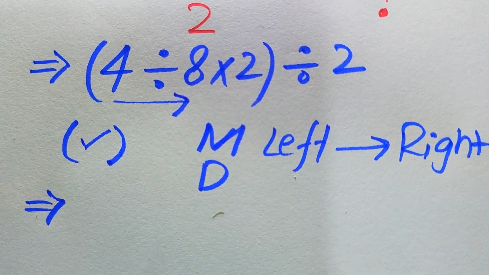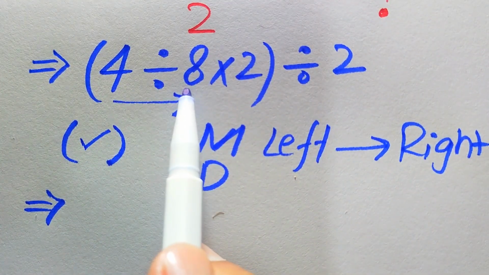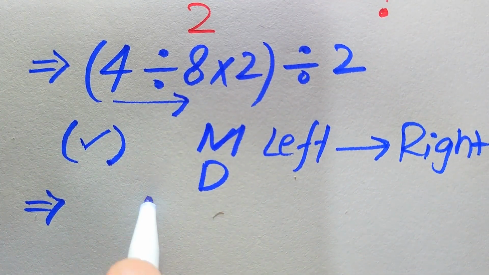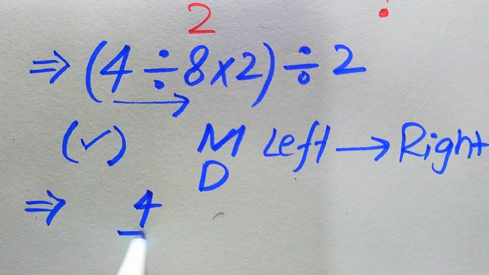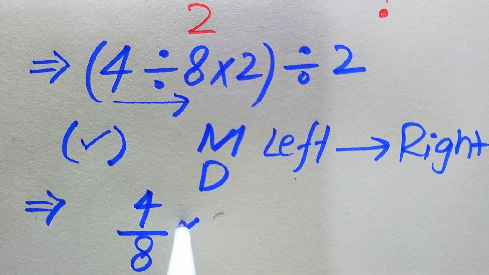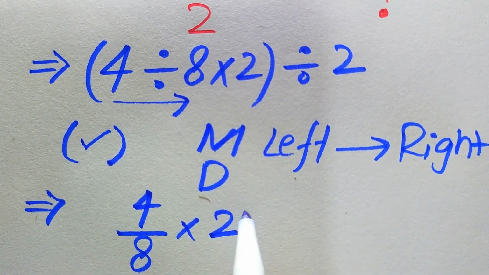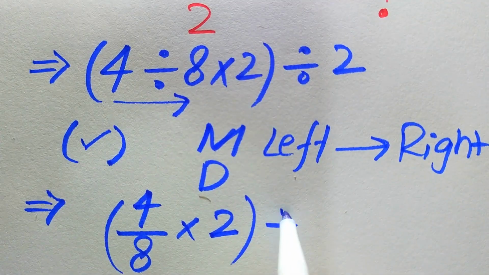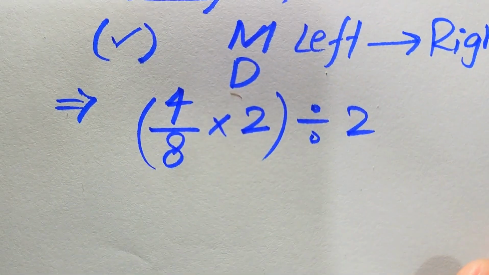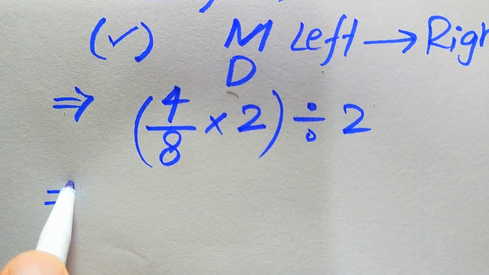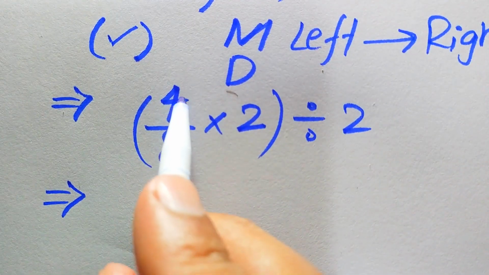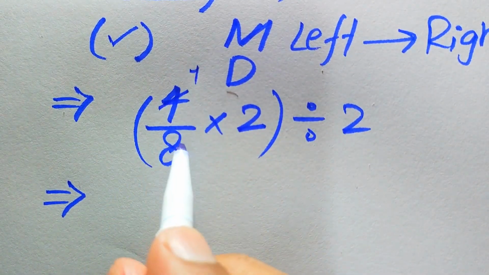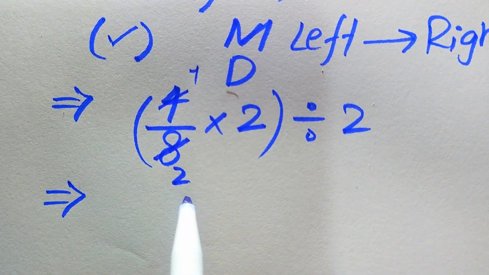So here we first write this 4 divides 2 in the fraction form, and this will be written as 4 divides 8 times 2, and this is divided by 2. And now here we need more simplifications, and you see that 4 ones are 4, 4 twos are 8.